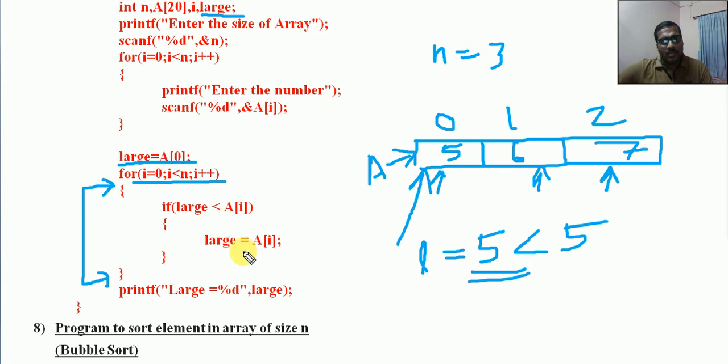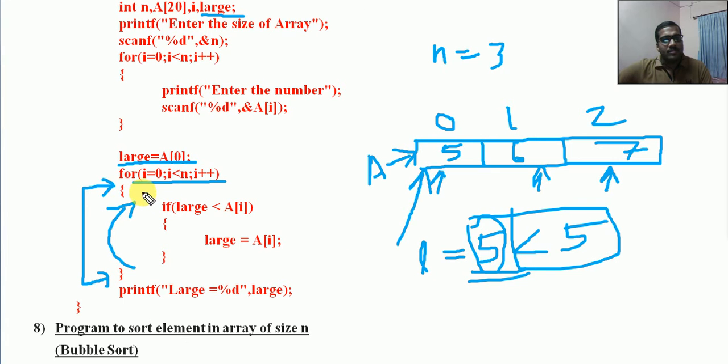It will not execute this statement, it will go to the next iteration. Still, what is the value of large? The value of large is 5. Now i is equal to 1.